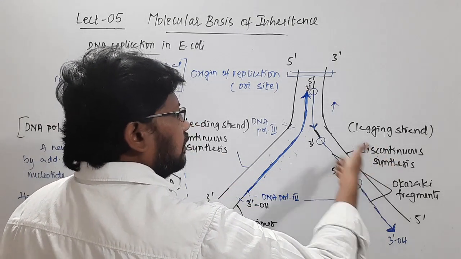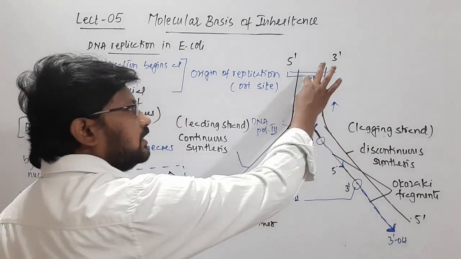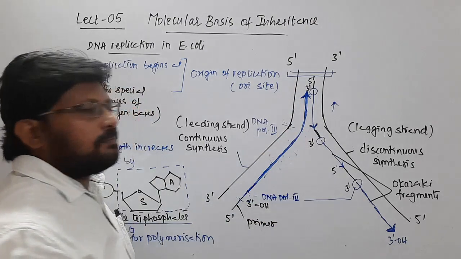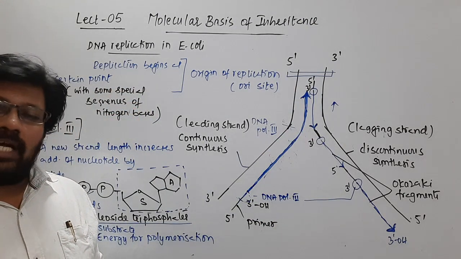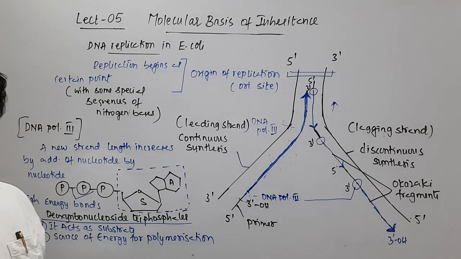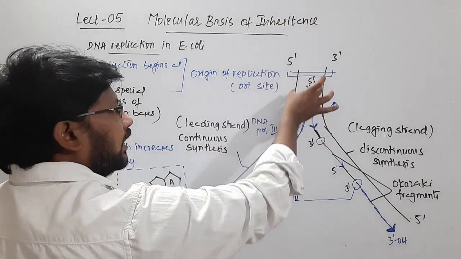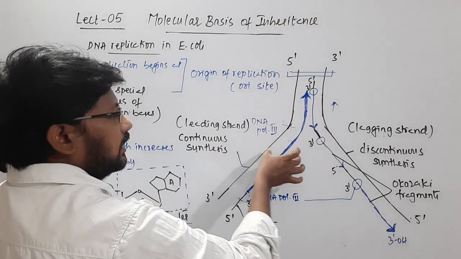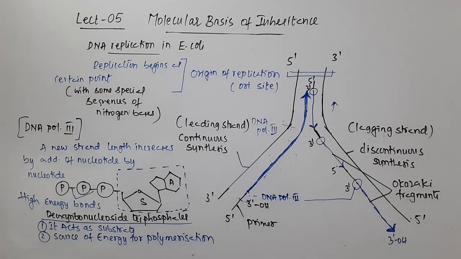You can see on the discontinuous strand many RNA primers are required, and if this helicase goes somewhere up, again one more RNA primer is required, and from that point one more Okazaki fragment will be synthesized. And once it comes to the end, one DNA molecule becomes two DNA molecules.